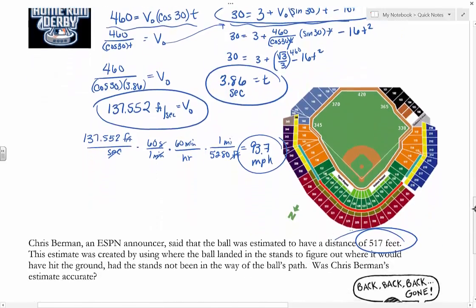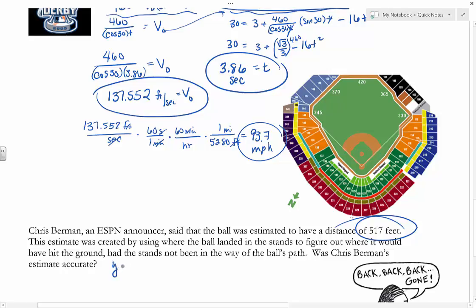So when y equals 3 plus v sub 0, 137.552, sine theta t minus 16t squared, when this equals 0, let's solve here. And theta was 30. Put the 30 in there.